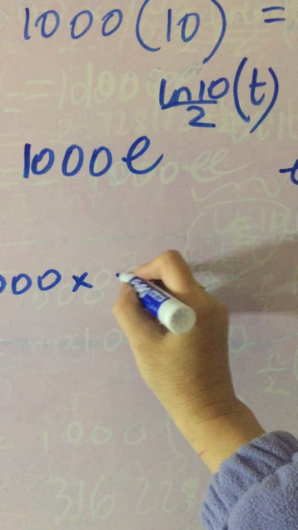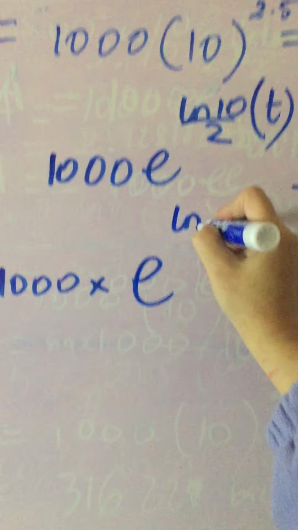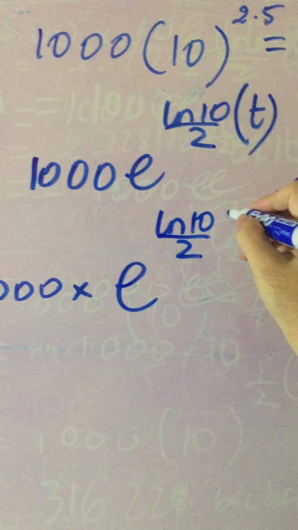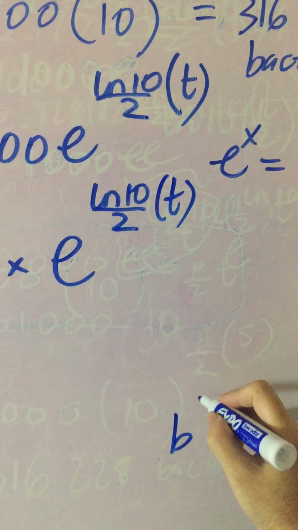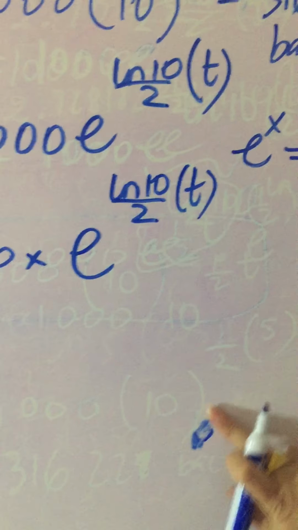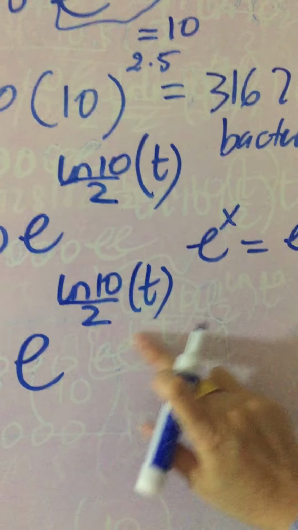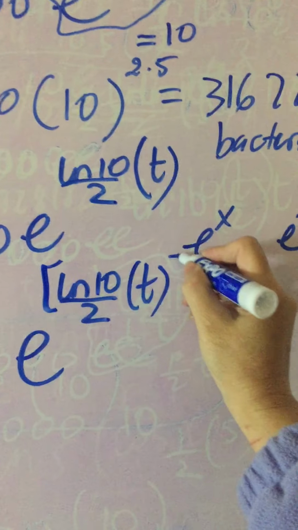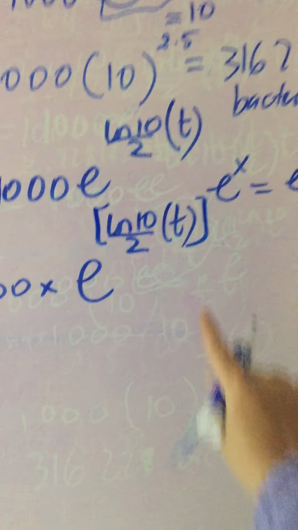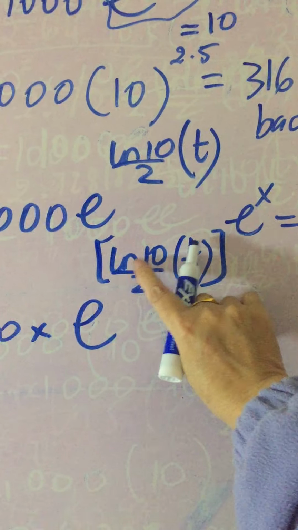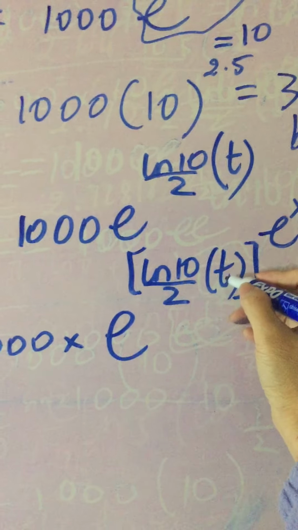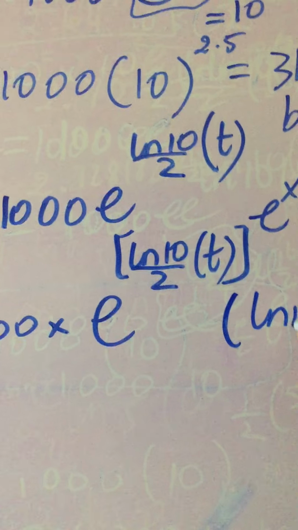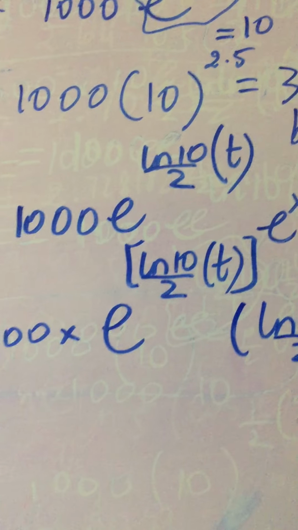So nothing changes, it will be e^(ln 10 over 2 times t). But remember, you have to take the derivative of the inner function, right? So here is the inner function. If I put it in a square bracket, ln 10 over 2 is just a number, and the derivative of ln 10 over 2 times t is just ln 10 over 2, same thing, right?